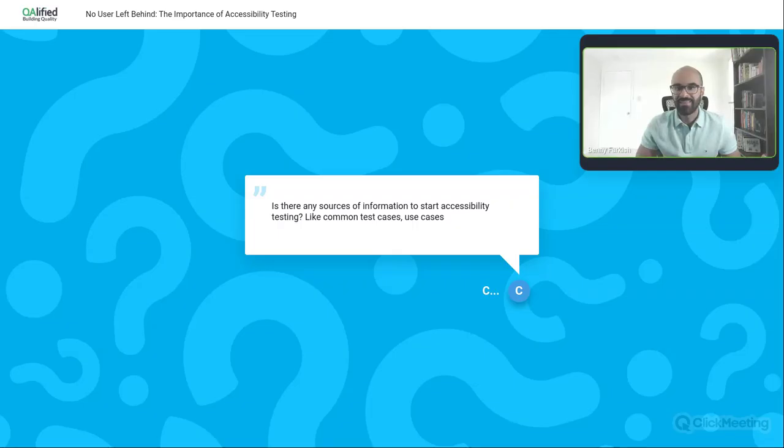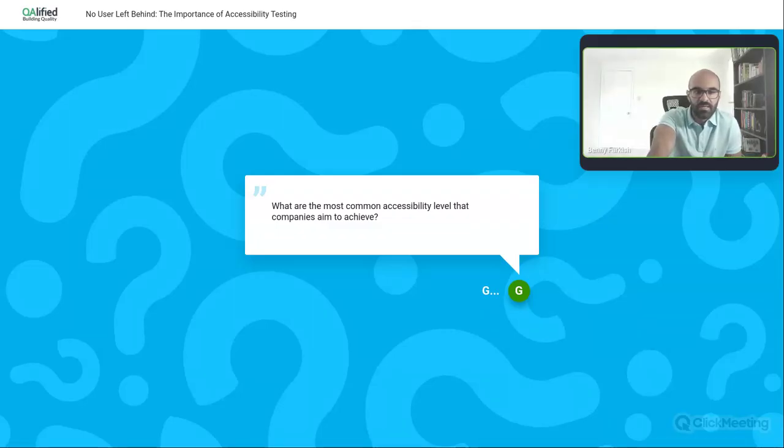That is the first understanding of what the guidelines and principles are. And you can apply it to the functional part of your application. Like you already have functional test cases, and think about those test cases. Now people with disability are going to use that. Are they able to actually use that functionality just like a person without disability? We should not say normal. We should say a person that doesn't have disability.